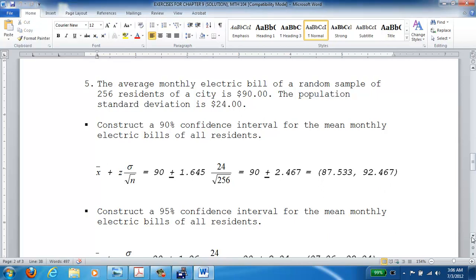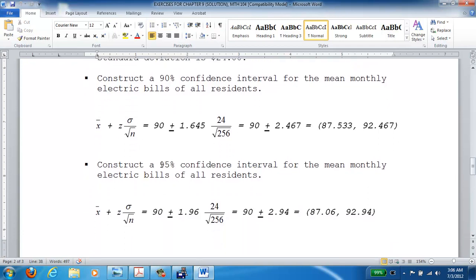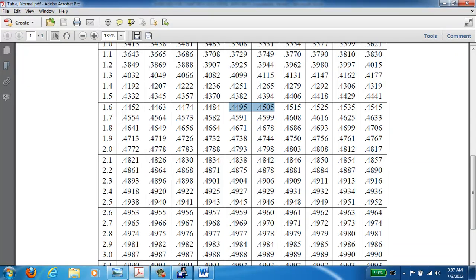Now, for the next question, everything is the same except the confidence level. As you can see, it's 95%. Divided by 2, it's 0.475. So for 0.475, the z value will be 1.96. Let's figure it out for 0.475. Here it is. So it is 1.96.